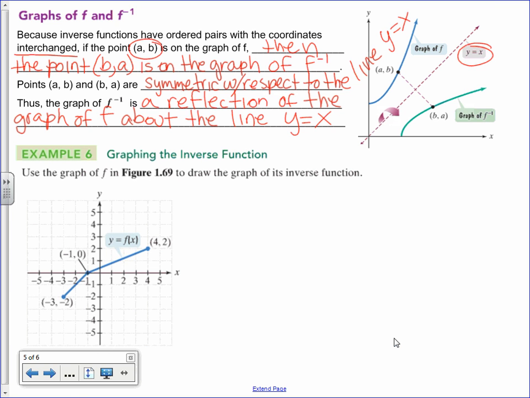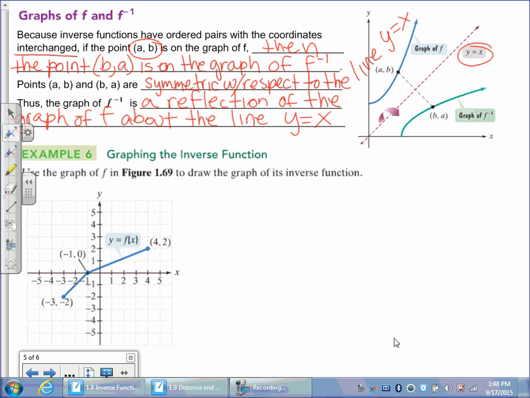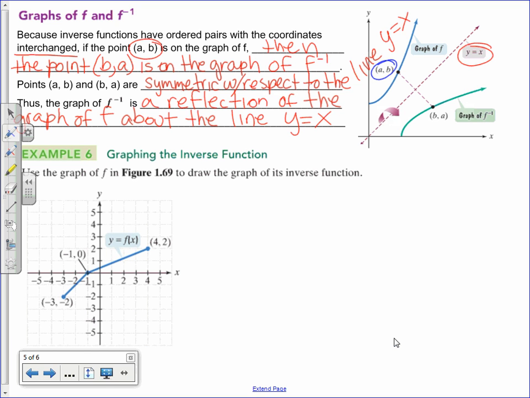So if we have that point (a, b), the inverse function is going to have the point (b, a).